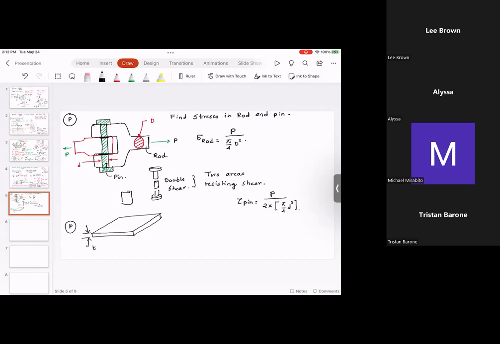What does this punch do? This punch goes down, and as it travels, finally it comes in contact with this metal sheet, continues to go forward, and then it drops a blank. Think about it like if you were to punch a hole in a piece of paper, the circular part of the hole drops down. So this is called the blank.